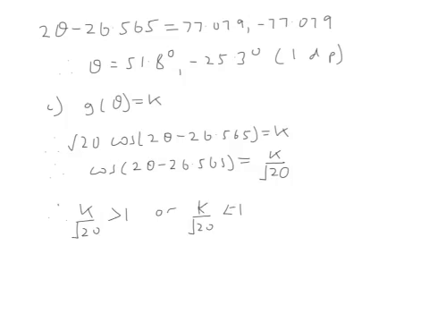So therefore k has got to be bigger than root 20 or k has got to be smaller than minus root 20. If it's not clear, the cosine is always between minus 1 and 1. So this has to be between minus 1 and 1. If it's bigger than 1 or smaller than minus 1, we can't have cosine of it.